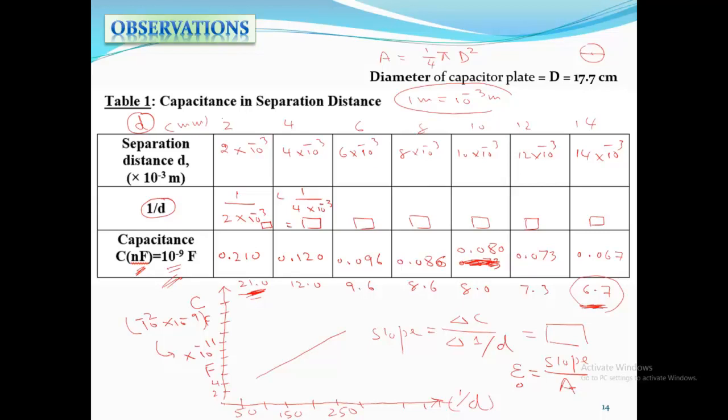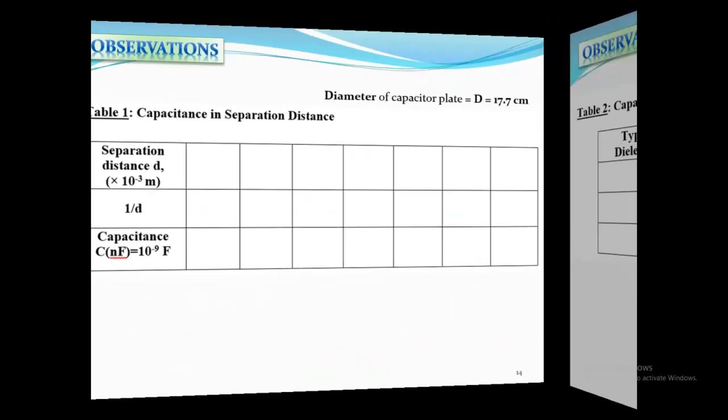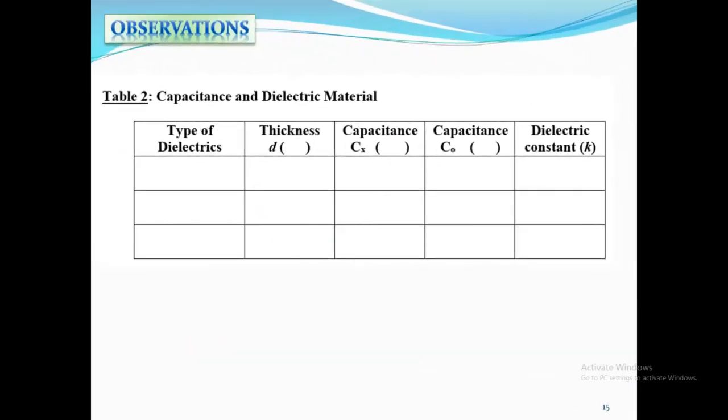Now the second part of the experiment, what you do, you select different materials. You have some rectangles of some thickness you can measure with the ruler or with the vernier caliper, but I am giving it to you now.